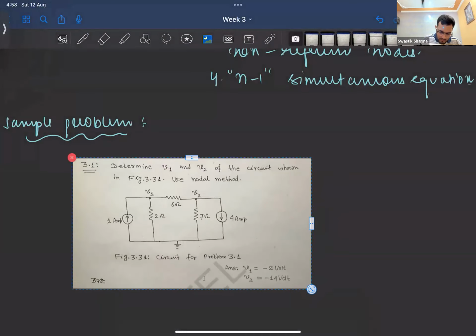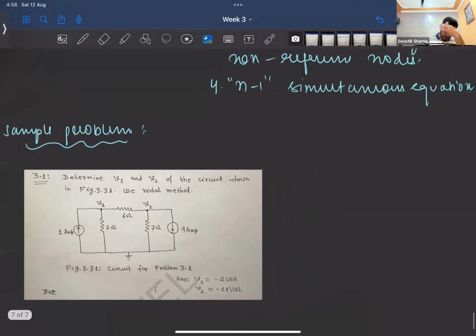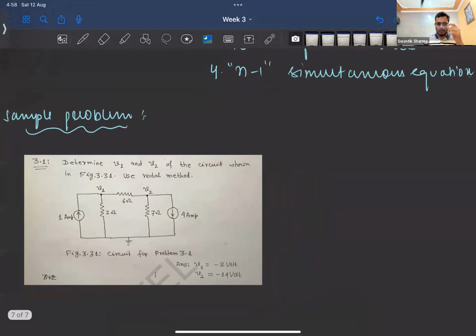Here you'll see in two branches there are two current sources connected, one 1 ampere one and the other a 4 ampere one, right? So we need to find V1 and V2 for the circuit using nodal analysis.